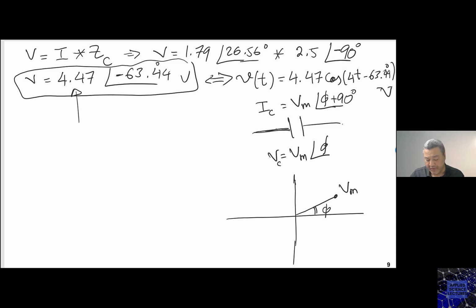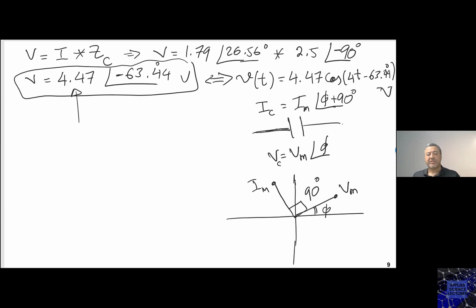The angle for the current would be phi plus 90 degrees. So this one would be the Im, sorry, here I put the Im and 90 degrees.